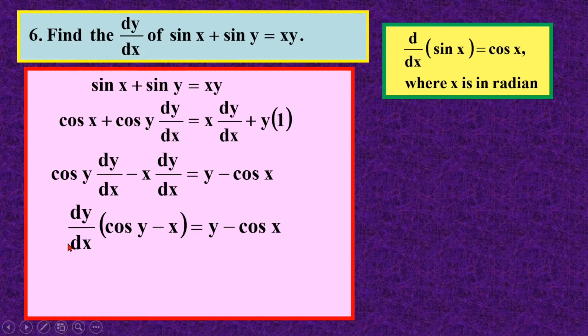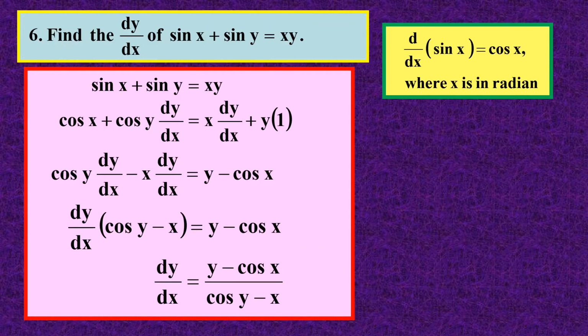So I will put it there, pull it out, and I copy cos y minus x here. The next step, of course, is to get my dy/dx. So I'm going to divide everything left and right with cos y minus x. So I will end up something like this. If I can no longer simplify it, then I will leave that as my answer.